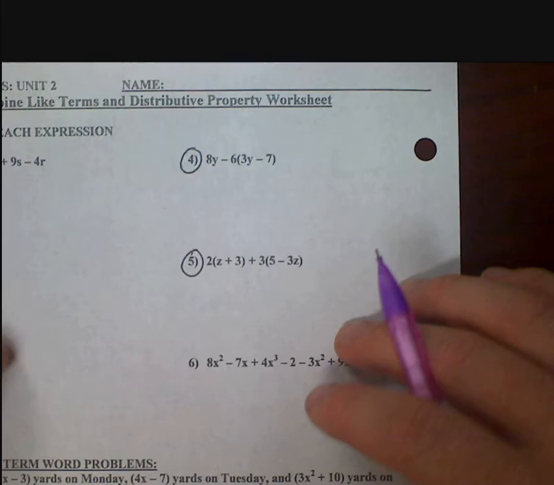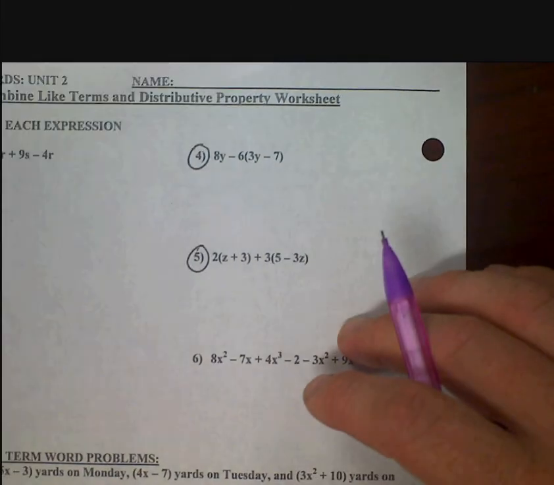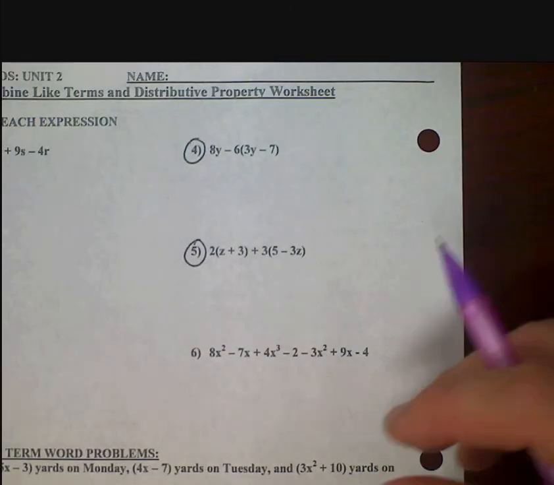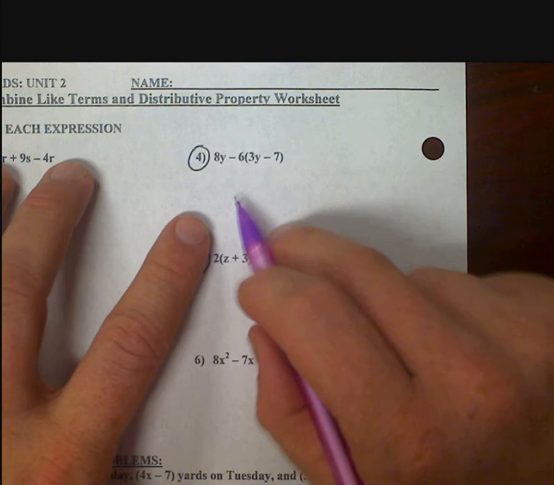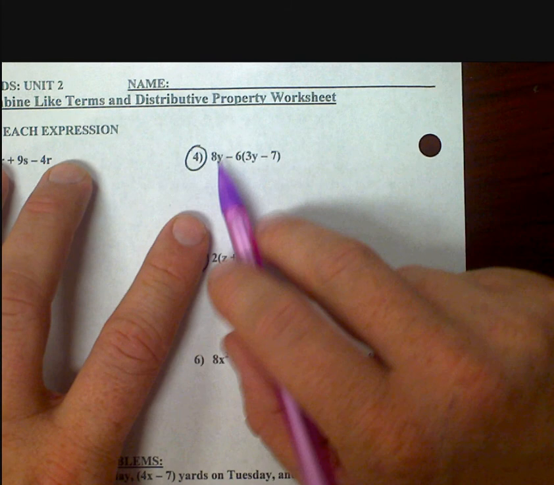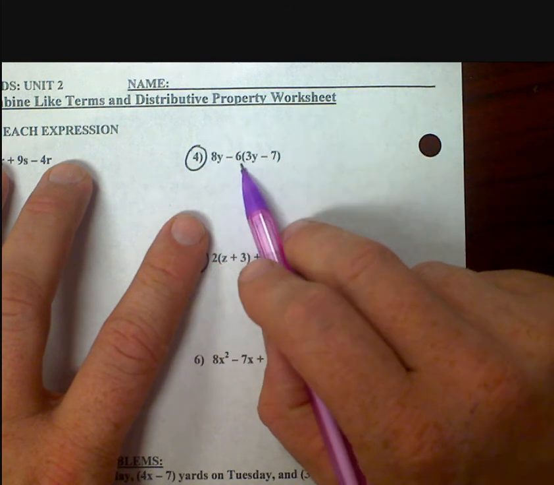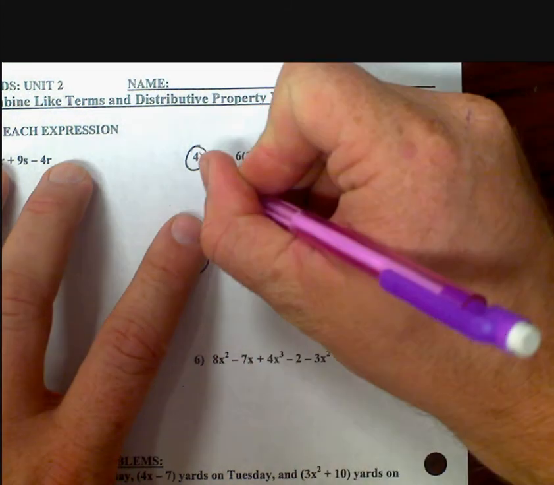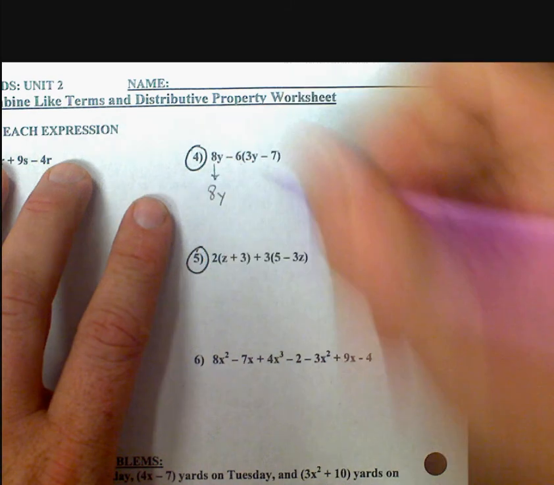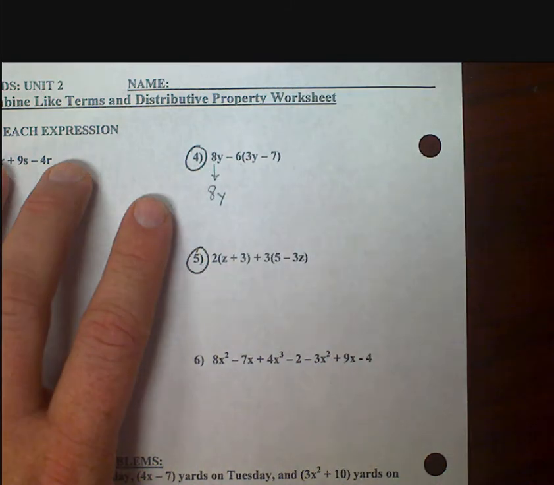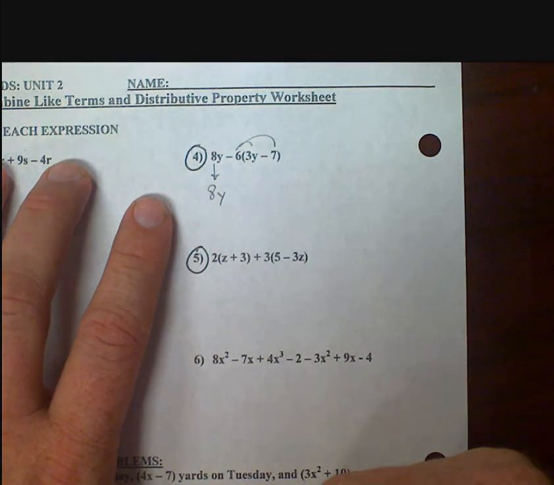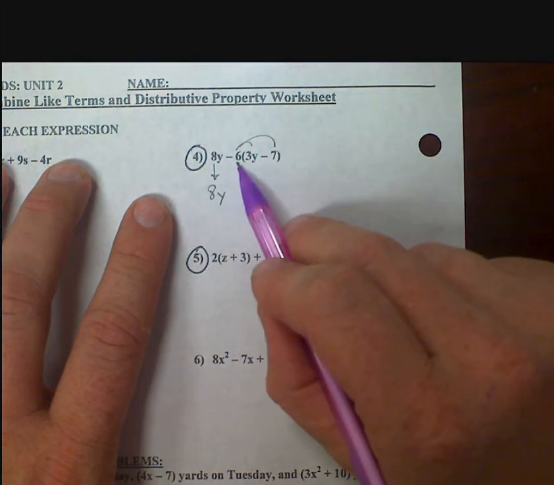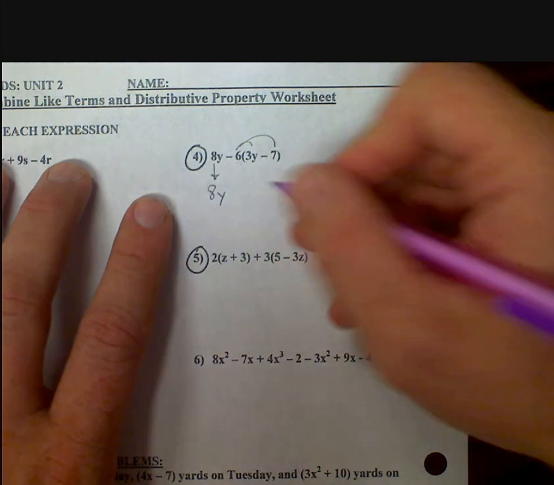On the back side, number 4, we need to simplify each expression by using the distributive. So within the distributive, this is really the first time that we see 8y minus a number. Well, the 8y is by itself, so I bring that down, and I'm going to distribute the negative 6. Minus 6 is really negative 6.